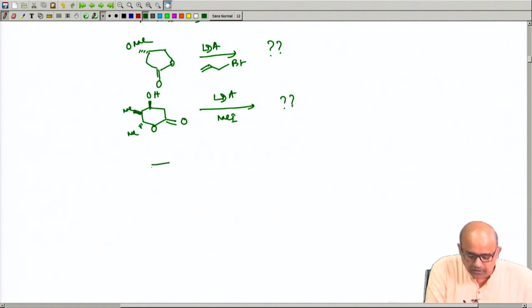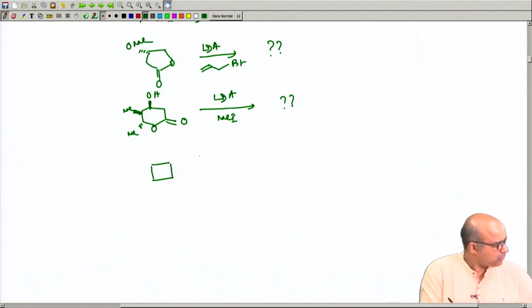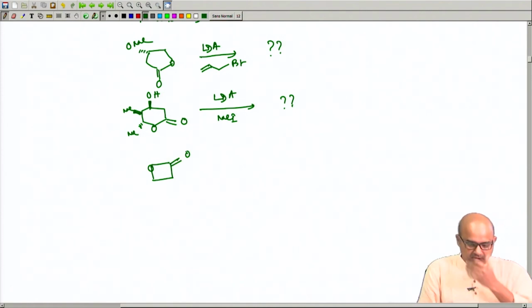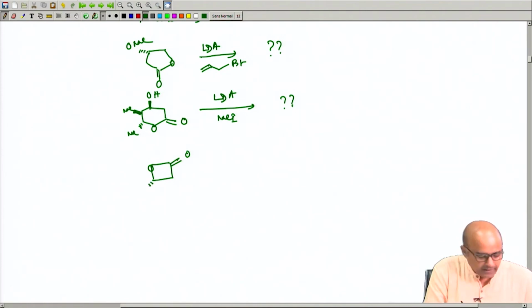The last example which we will talk about is a cyclic lactone, which is a 4-member lactone, a beta lactone, and here you do have a pretty bulky group.